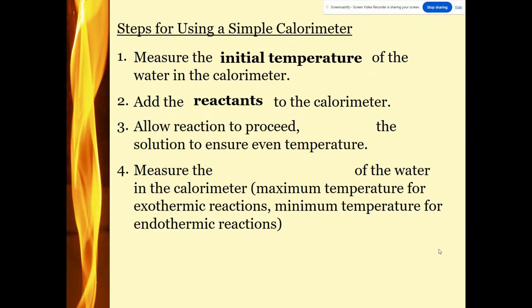You're then going to add the reactants to the calorimeter. Now this is important. If your reactants are not fully reacting, make sure you measure the initial mass of the reactants. Sometimes it doesn't all react, and you need to know the mass change that your calorimeter is going through, the mass change that your reacting substance is going through.